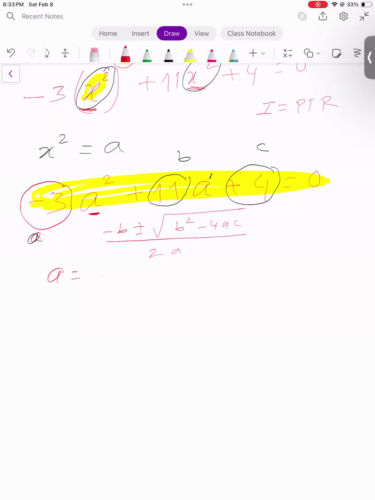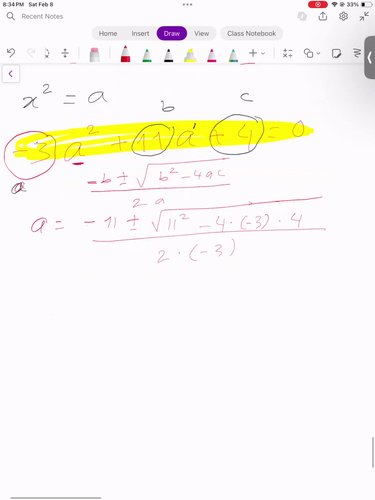So we have negative b, which is 11, plus minus the square root of b squared, 11 squared, minus 4 times a, which is negative 3, make sure to use parentheses for a negative number, and c is 4, divided by 2 times a, which is negative 3, in parentheses. So this is negative 11 plus minus, and 11 squared is 121.